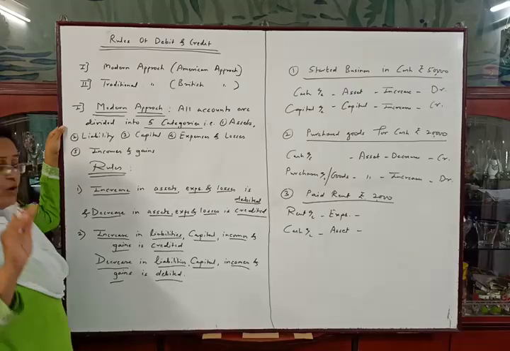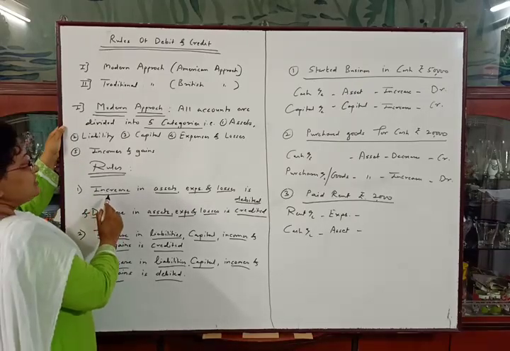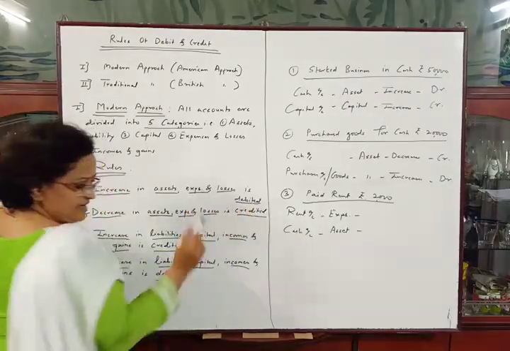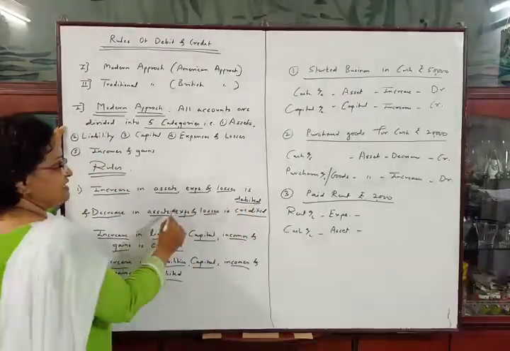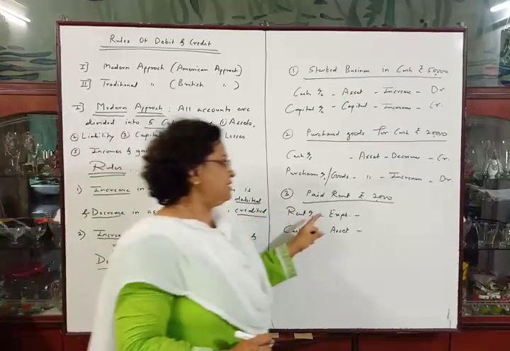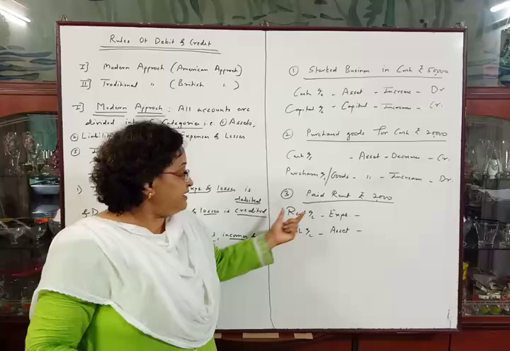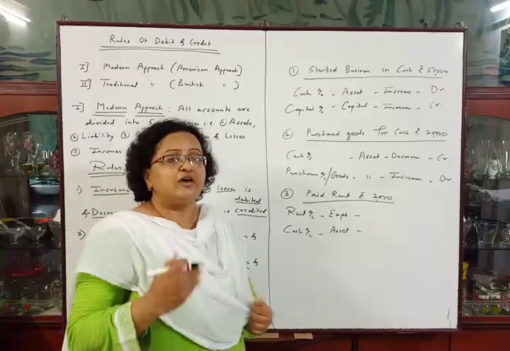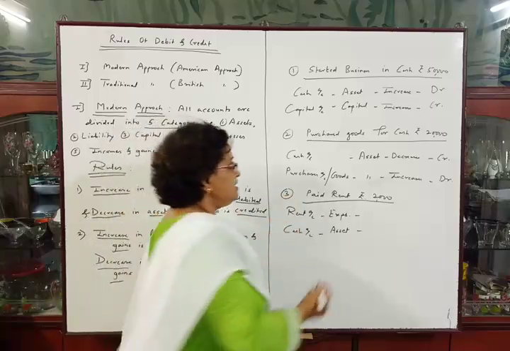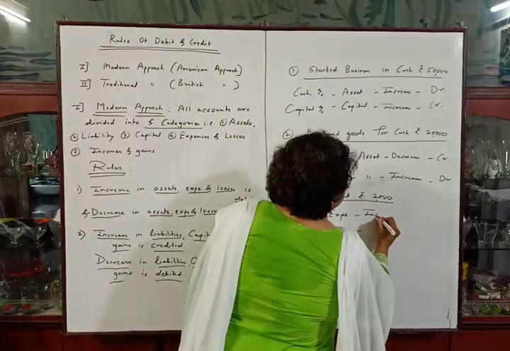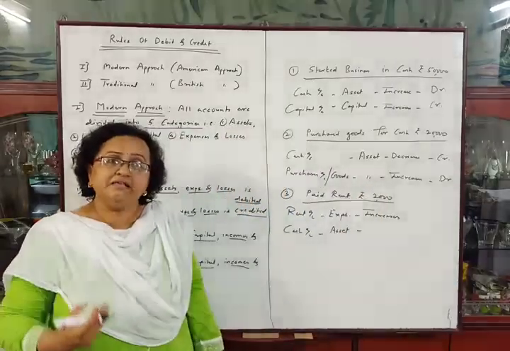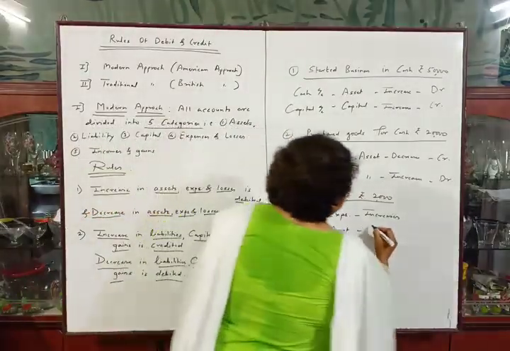They told us that increase in assets, expenses and losses is to be debited and decrease in assets, expenses and losses is to be credited. So here paid rent is our expense. As we are paying rent, our expense is increasing, so it increases. And as we are paying some cash, our cash decreases.